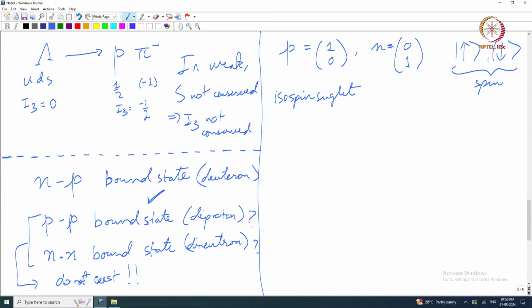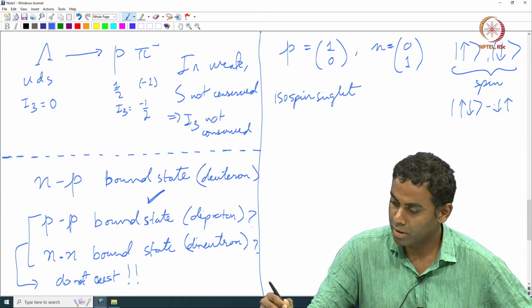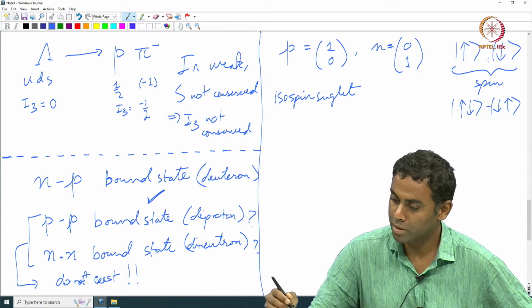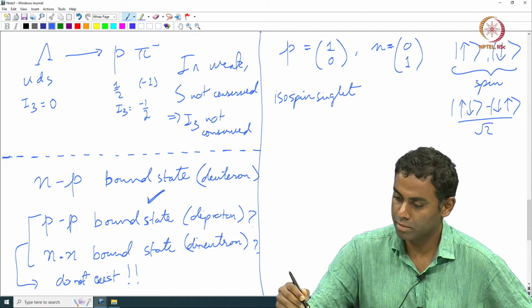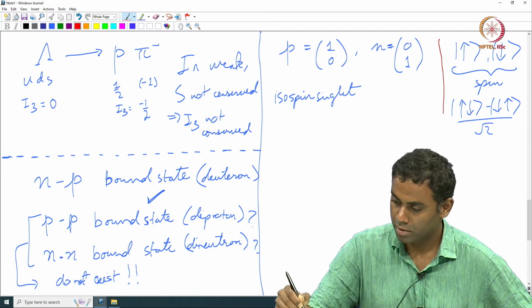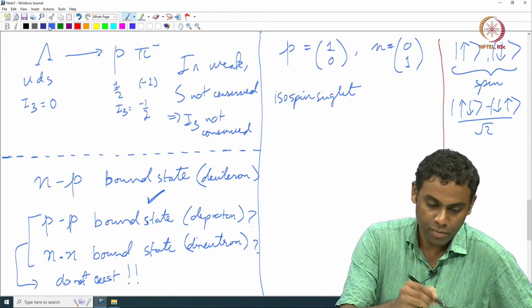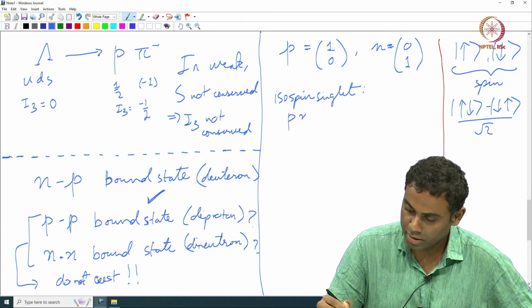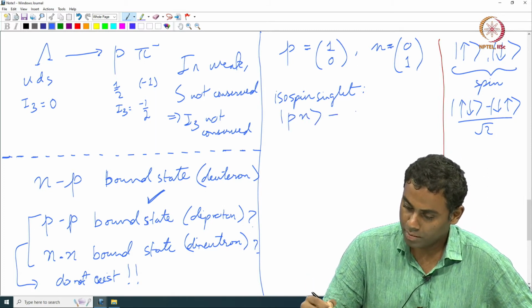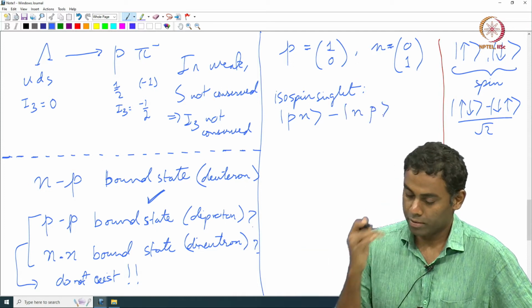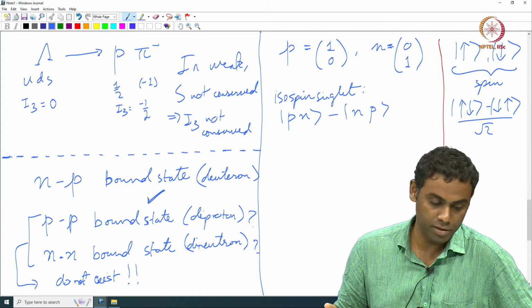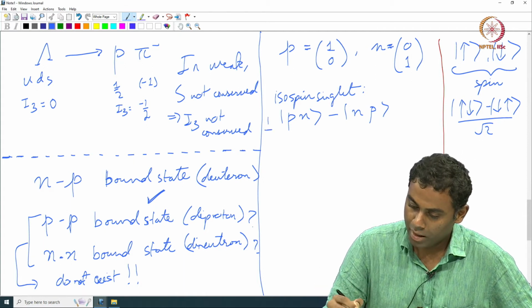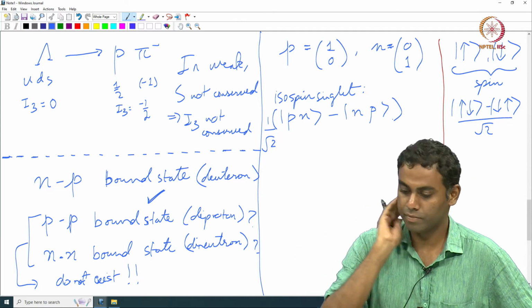For spin, it was an antisymmetric combination, up down minus down up, suitably normalized. Similarly, I can write an isospin singlet as proton neutron minus neutron proton in isospin space, only in isospin space, suitably normalized.